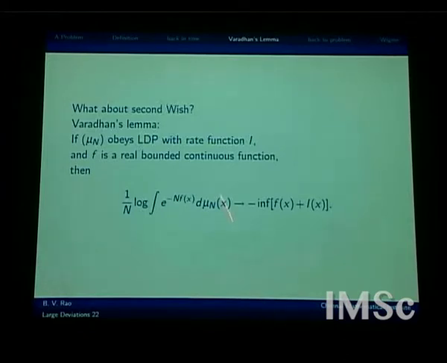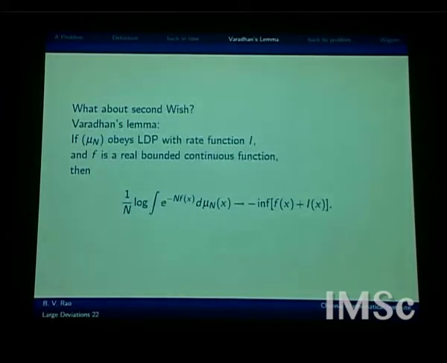The second wish is when I said LP norms converge to L infinity norm. Yes, that is precisely Varadhan's lemma. If mu n obeys large deviation principle with rate function I, and if you have a real bounded continuous function f, then 1 by n log of the integral of e to the minus n f(x) d mu n(x) converges to minus the infimum of f(x) plus I(x).